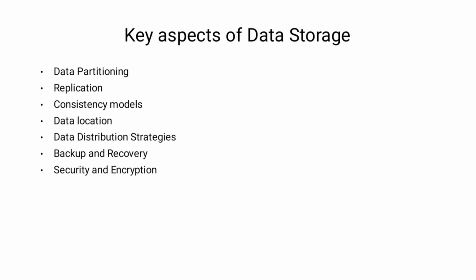What are the strategies? Master-slave replication and multi-master replication. After that, consistency models determine how data changes propagate across replicated nodes. What are the models? Eventual consistency, strong consistency, causal consistency.